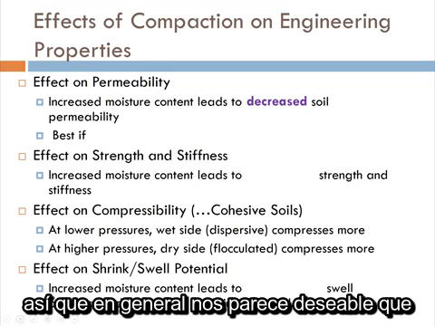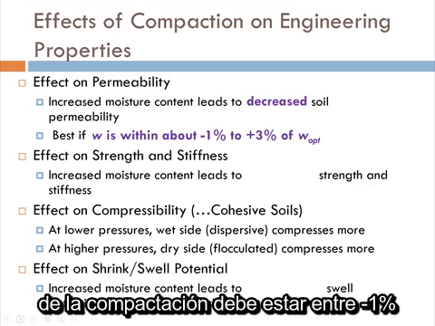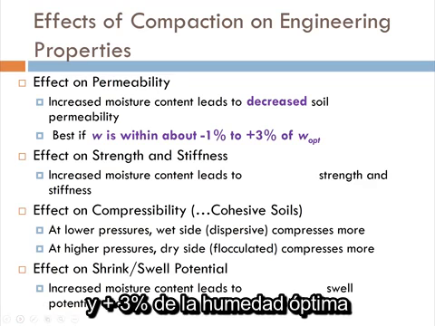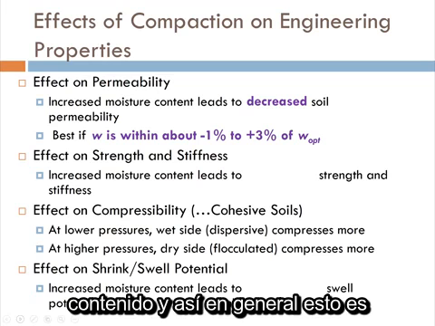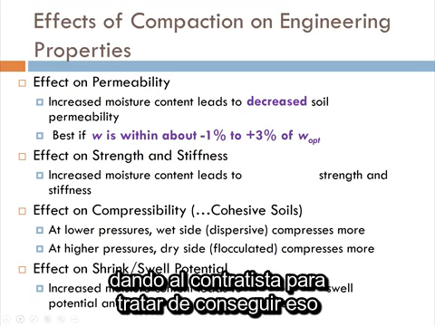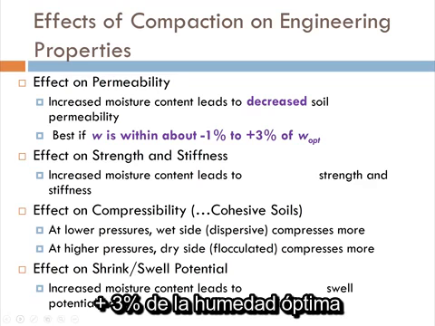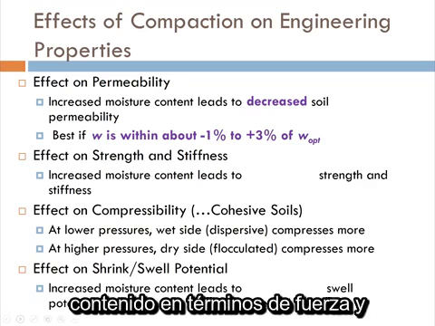In general, we find it desirable that the moisture content in the soil after compaction should be between -1% and +3% of the optimum moisture content. This is a guideline that we give to the contractor: try to get the moisture content between -1% and +3% of optimum.